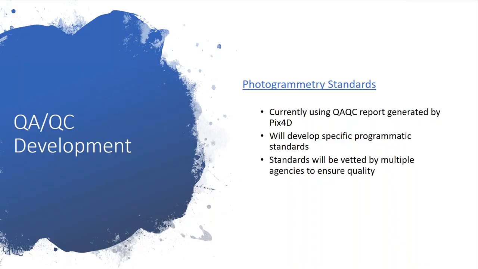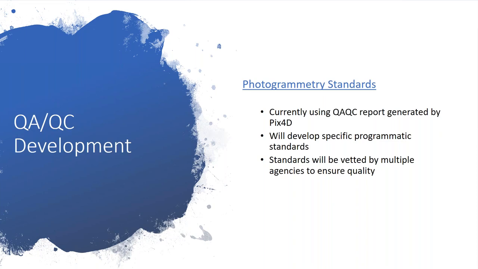What we want to be able to do is develop specific programmatic standards based on certified and widely used surveying practices, and other photogrammetry software users. A number of states have adopted photogrammetry standards for their departments of transportation, and we're looking at those.